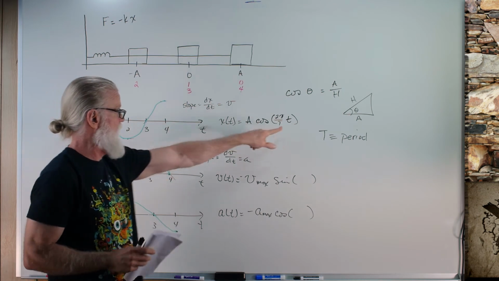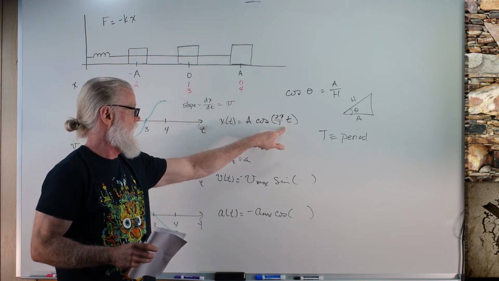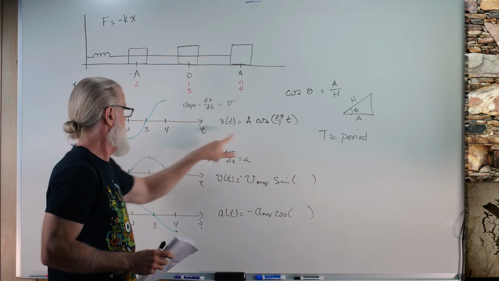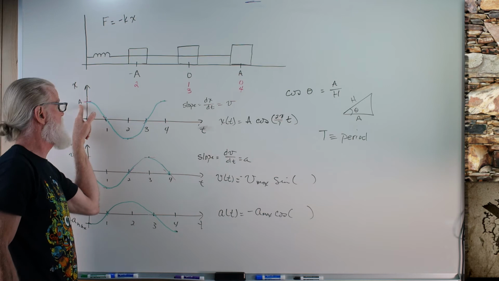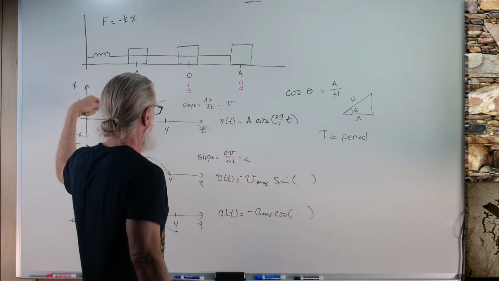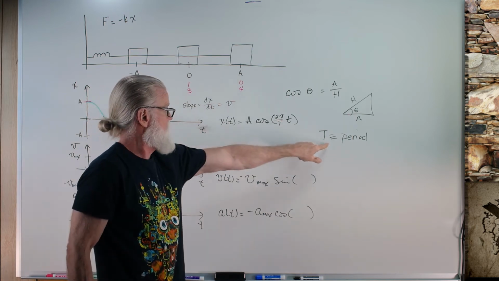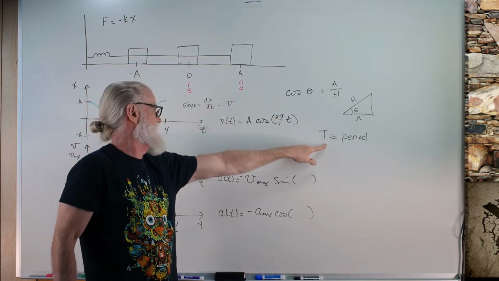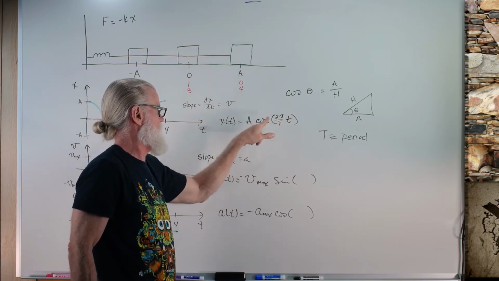At time t equals 0, the argument would be 0, and the cosine of 0 is 1, and we would get A. All right, that's good. Now, we get all these different cosine values until we get to the period T. We put T in there, that would drop out, and we'll get a cosine of 2 pi.